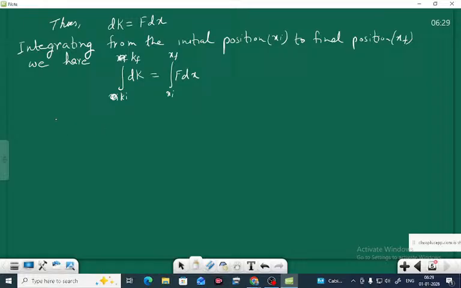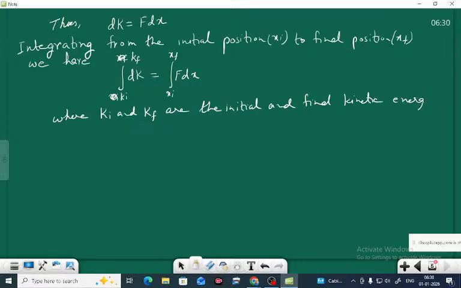Therefore, where ki and kf are the initial and final kinetic energies corresponding to xi and xf, right?